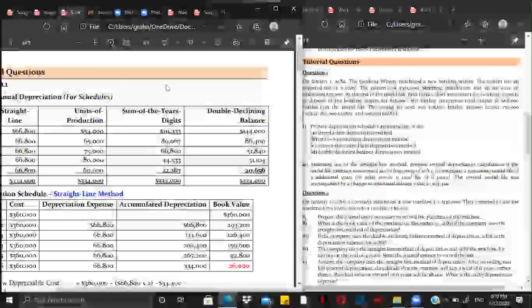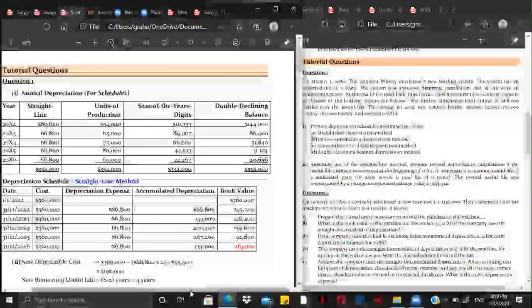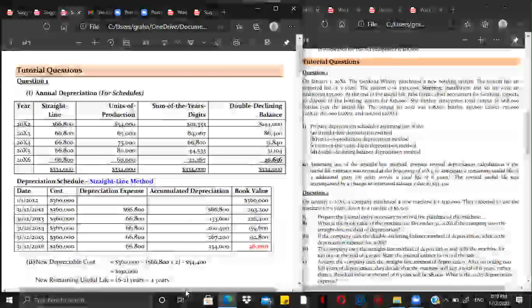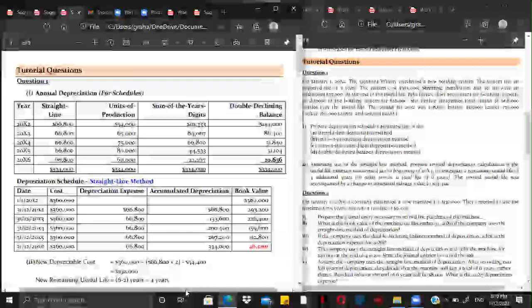Let me repeat. Before you get into calculating the annual depreciation, the first thing you have to do is calculate the depreciation expense per unit, because it's units of production.